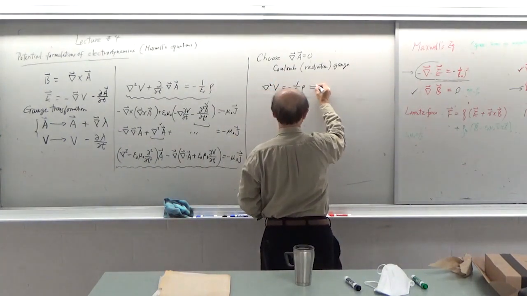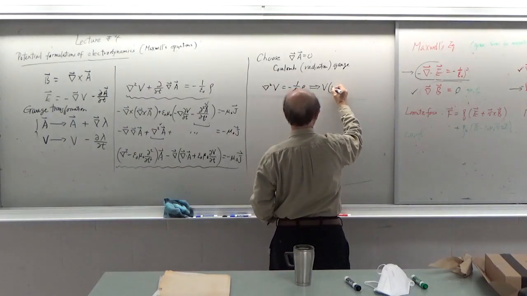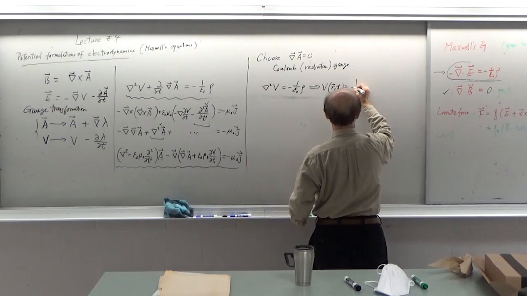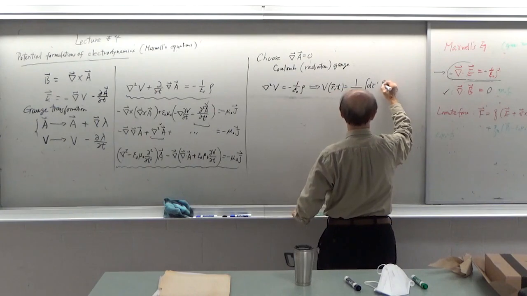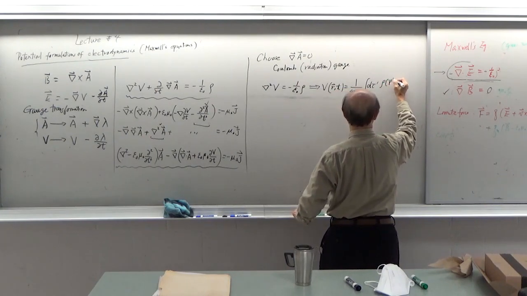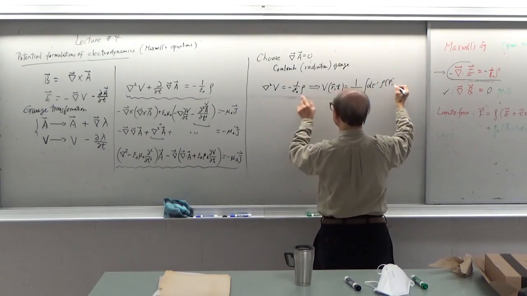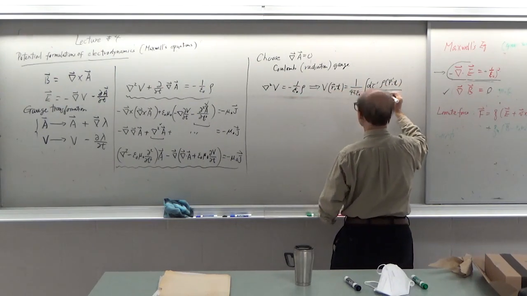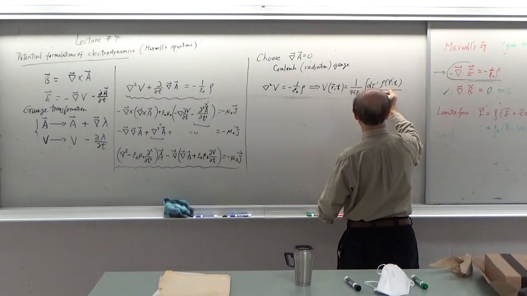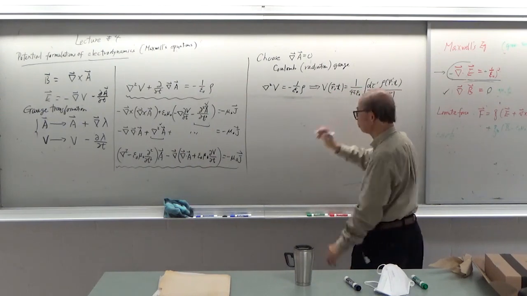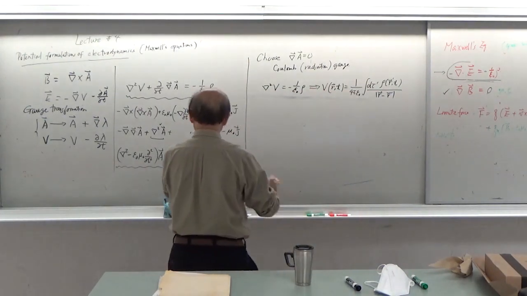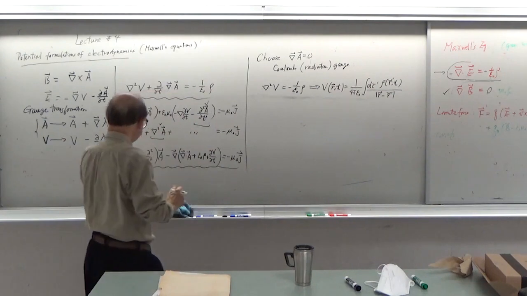By the way, V as a function of r and time is equal to 1 over 4 pi epsilon naught times the integral of the charge density at r prime and the same time, over the distance between r and r prime. All right. What about the second equation?